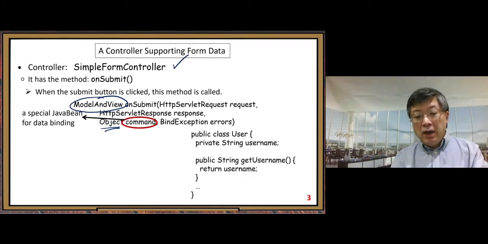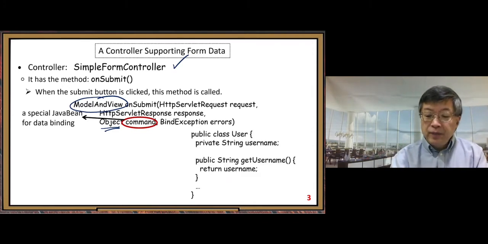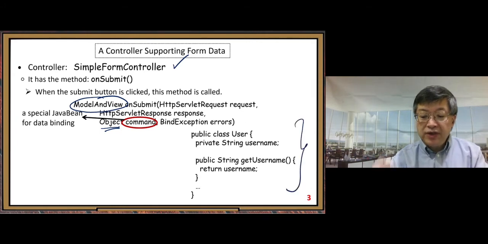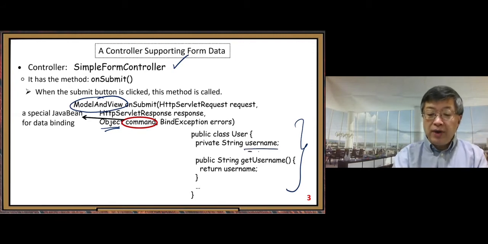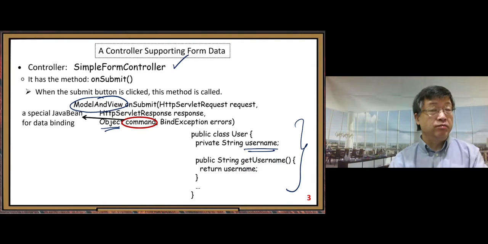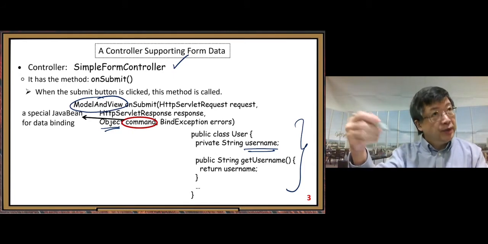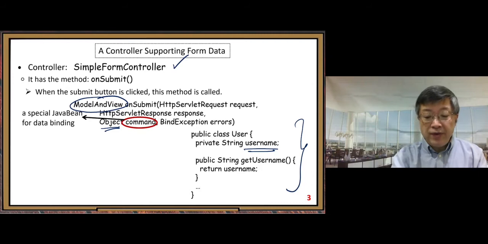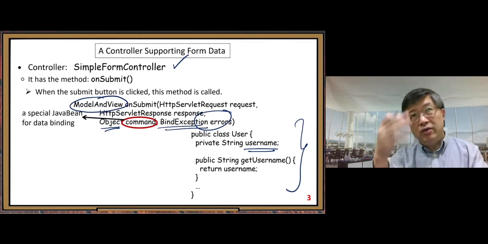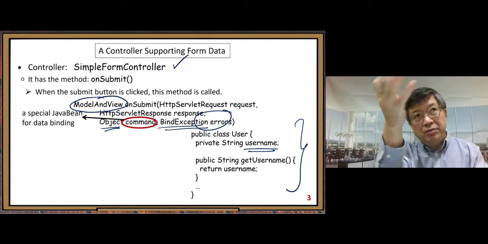And here I give you a simple Java bean in this example, the Duke Spring example. This is our command object. That's a simple command object. You can see the structure: we only have one property, with a setter and a getter for this property. But another special thing we need to put in this method is the error object called BindException. When an error happens, a special exception is thrown.